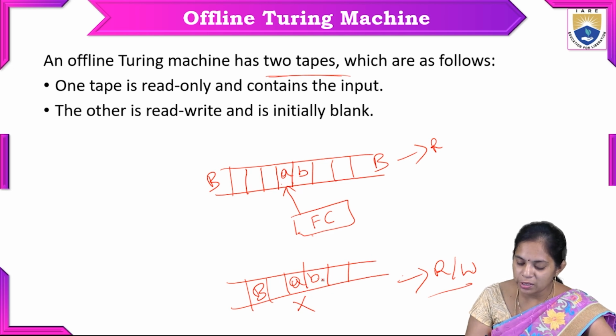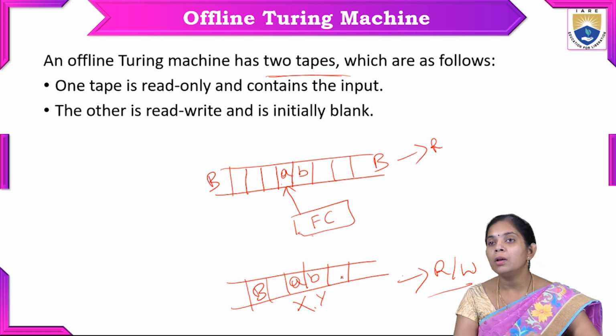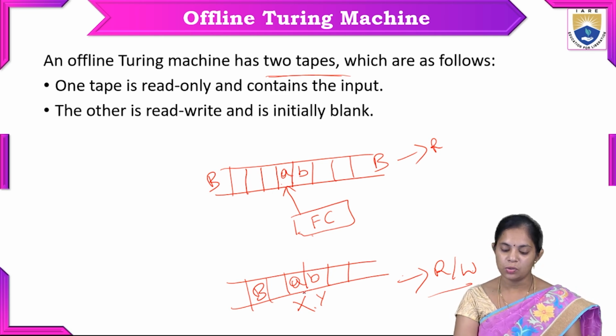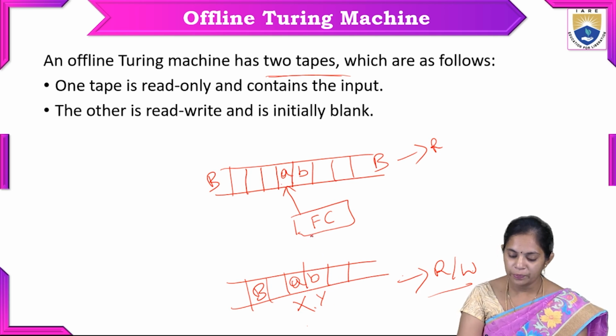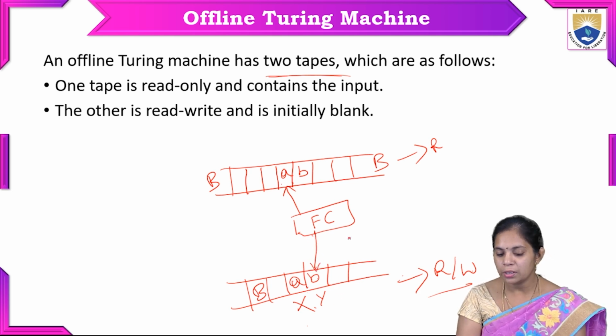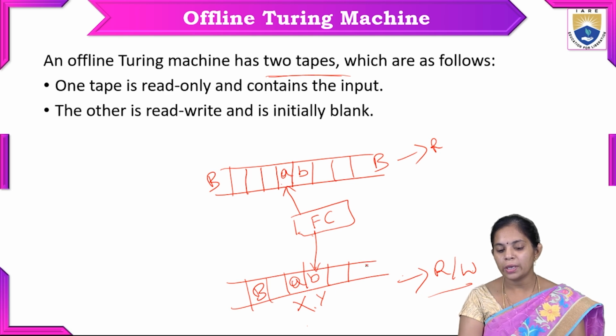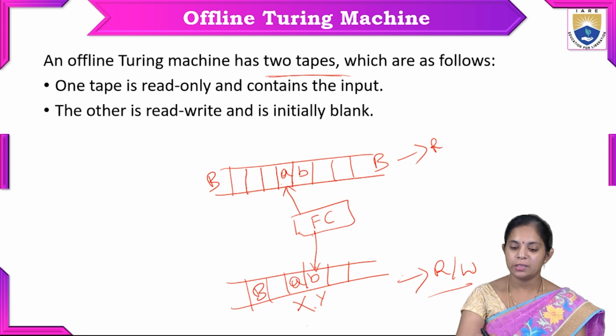It reads the A value, and here it will replace it based on the transition. So A is replaced with X and B is replaced with Y. These two tapes are what we call the offline Turing machine.